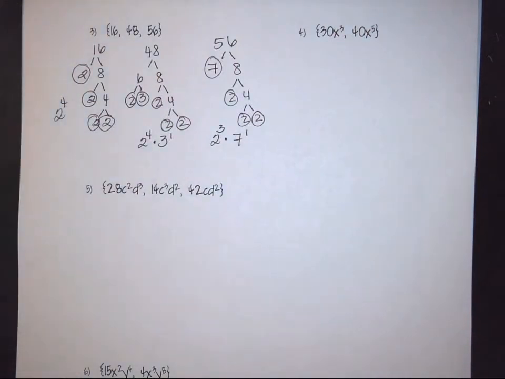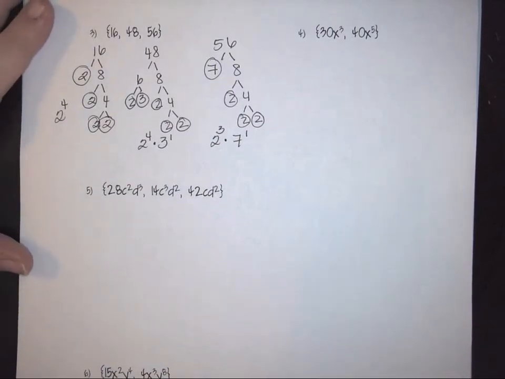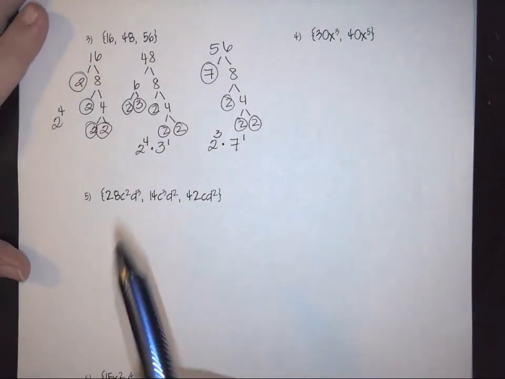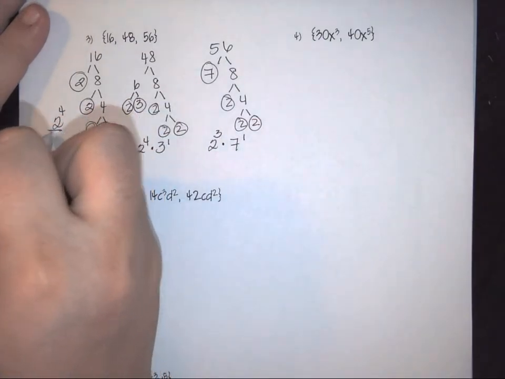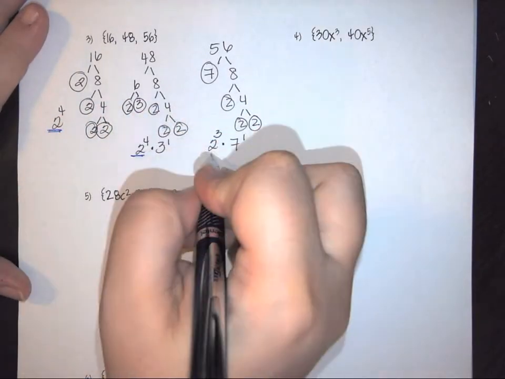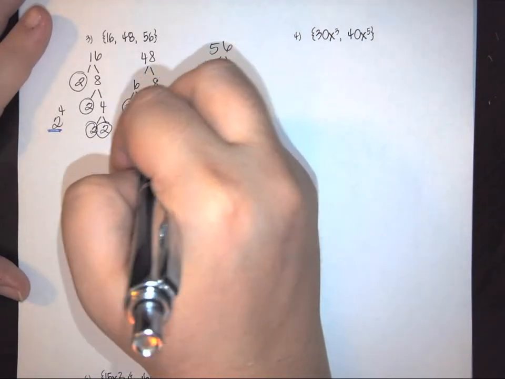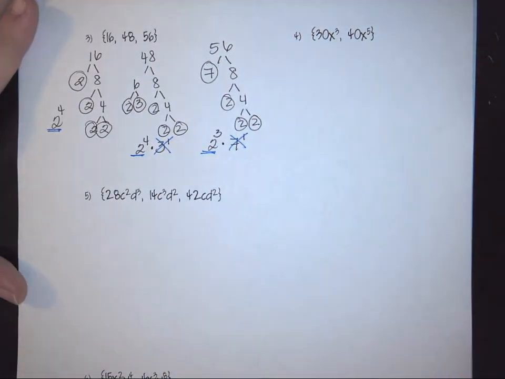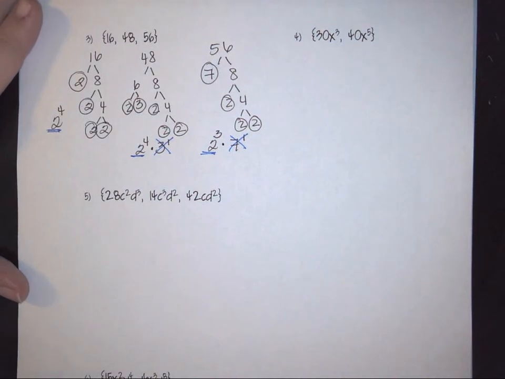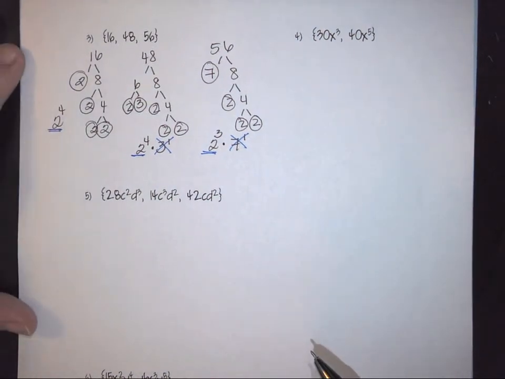So the first thing that we need to do is identify which term shows up in all. And the term that shows up in all here is this 2 piece. I have a 2 to the 4th and a 2 to the 3rd in all of them, which means the 3 to the 1st and my 7 do not matter. They don't show up in all. And then of this, we need to identify the smallest power.